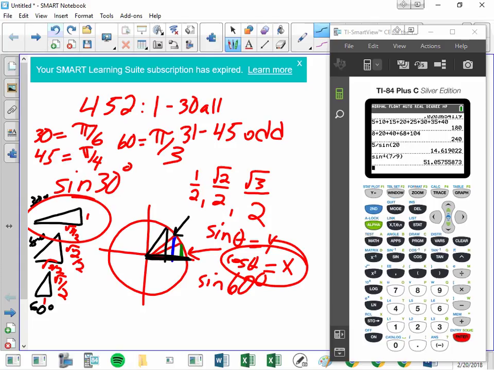Nope, we're at 45 degrees. We're looking at this one. So it's root 2 over 2 divided by root 2 over 2, which is 1. Anything divided by itself is 1.